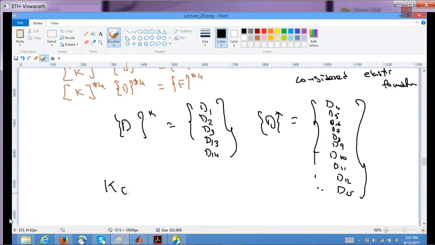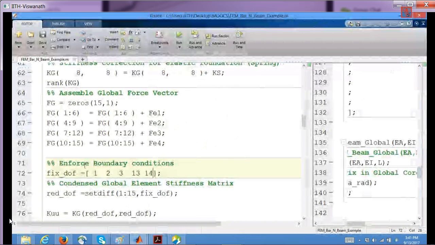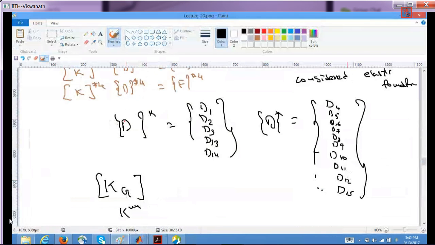If I have to obtain KUU from the KG, what I need to do is shut off the K rows and K columns. So that's what I'll do here. From the total degrees of freedom, if I remove my fixed degrees of freedom, the reduced degrees of freedom is 4, 5, 6, 7, 8, 9, 10, 11, 12, and 15.